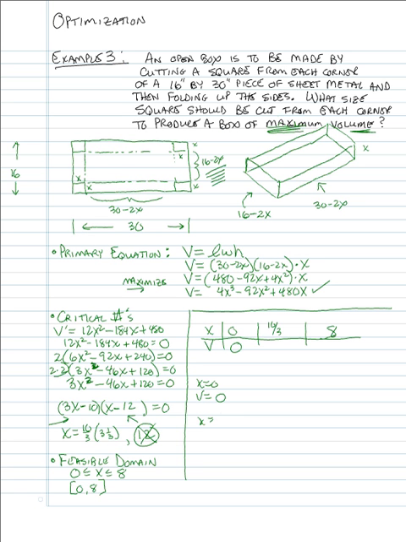When x is equal to 10/3, and this is a mess, my volume I would calculate by putting a 10/3 in for each of these x's. So that'd be 4 times 10/3 cubed, minus 92 times 10/3 squared, plus 480 times 10/3. Now we could go through that arithmetic, but I'm going to tell you what I got: 19,600 divided by 27.